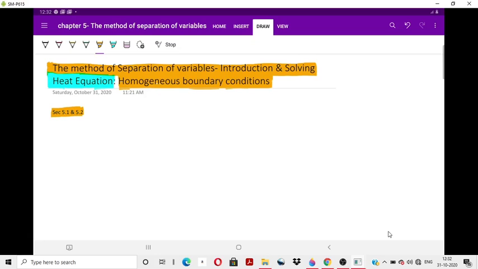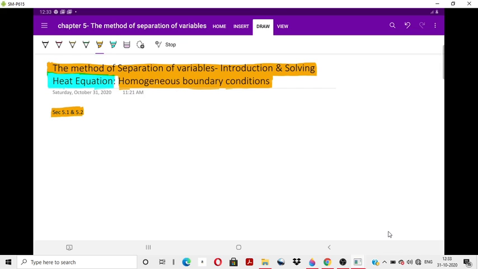Welcome all. Today we will discuss the second module of partial differential equations and integral equations. We will discuss the first chapter of the second module, that is chapter number 5, the method of separation of variables.